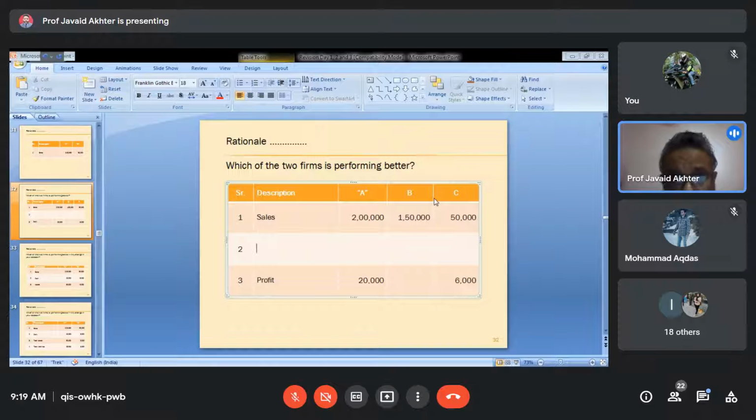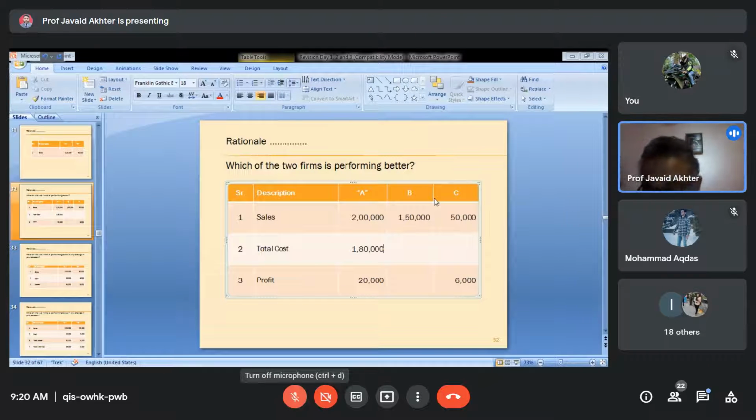And we write here cost, and instead of simply writing cost, let me write total cost. Because we are having a profit of this much, the total cost has to be 1,80,000. So profit becomes 20,000.